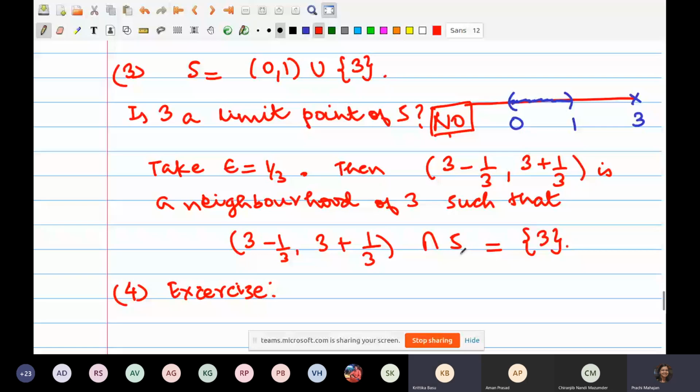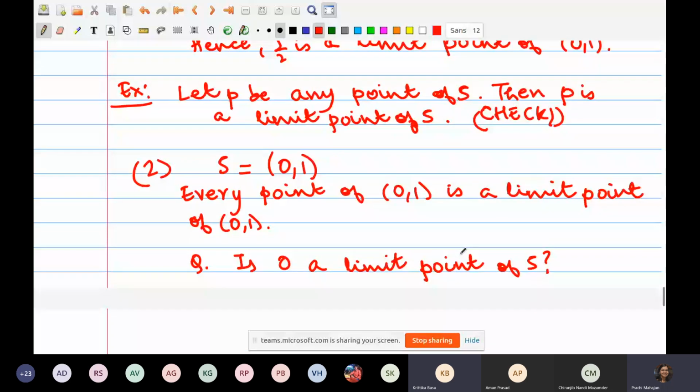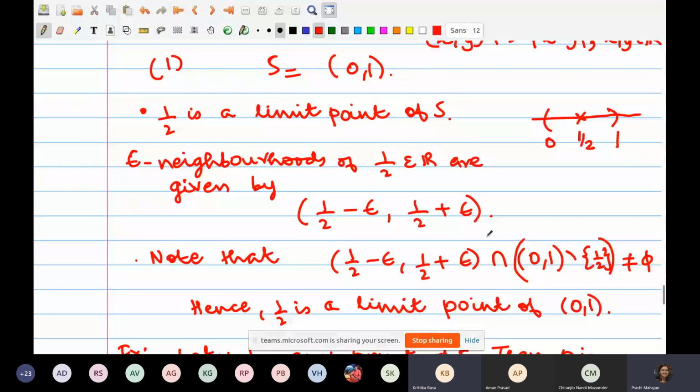This is saying that P is not a limit point. If you have to show that 1/2 is a limit point, then you have to show that every neighborhood of 1/2 contains a point of the interval (0, 1) different from 1/2. You have to just get hold of one point different from that potential point. Does that answer your question?